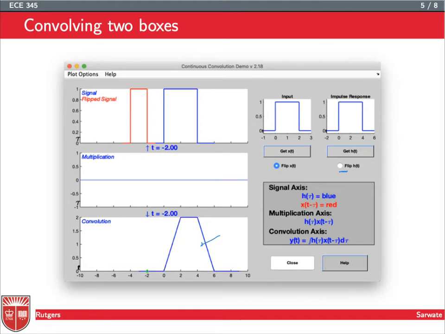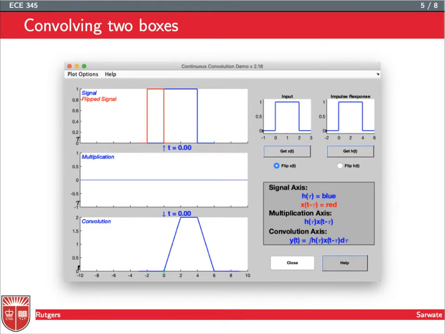So at negative time, the flipped version doesn't even overlap with the other signal, so the output is 0. Still 0. Keep sliding.